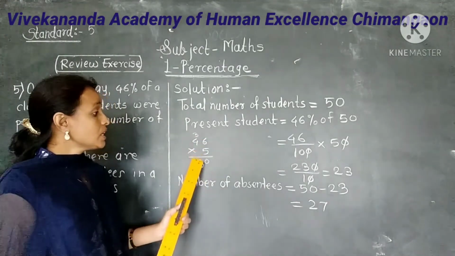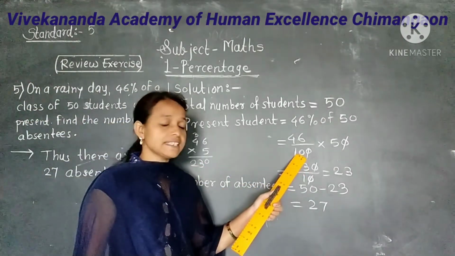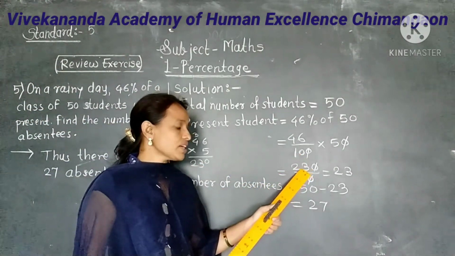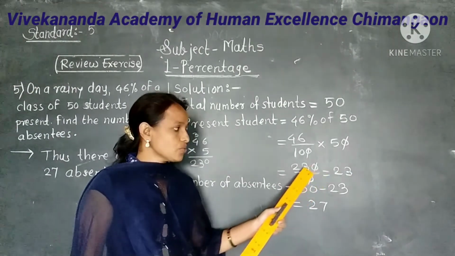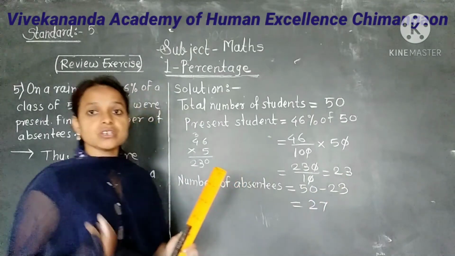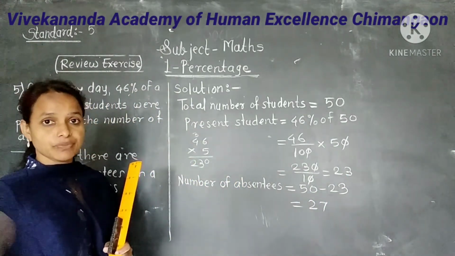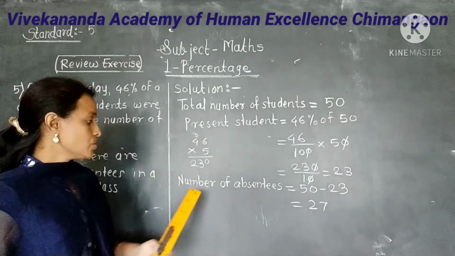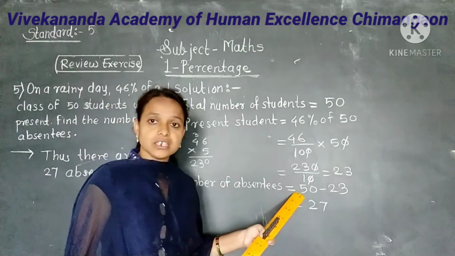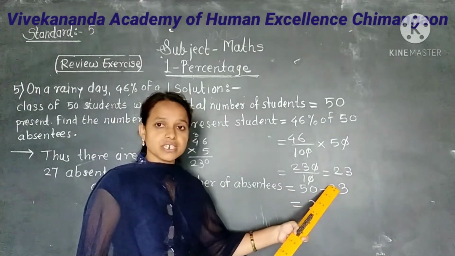So we get product 230 and the denominator is 10. So we divide 230 by 10, 0, 0 cancel. So we get 23. So present students in the class are 23. But here we have to find out the number of students absent. So the number of absentees: total number of students is 50 and present students are 23.